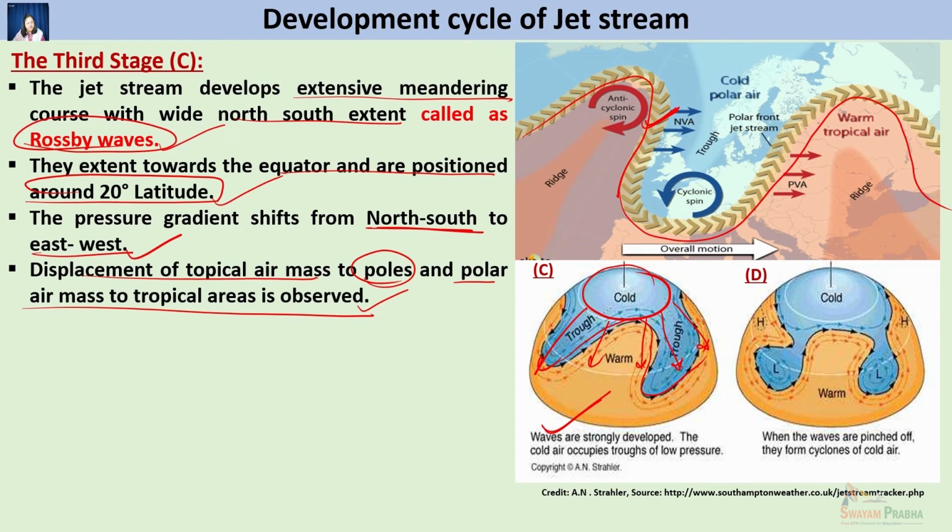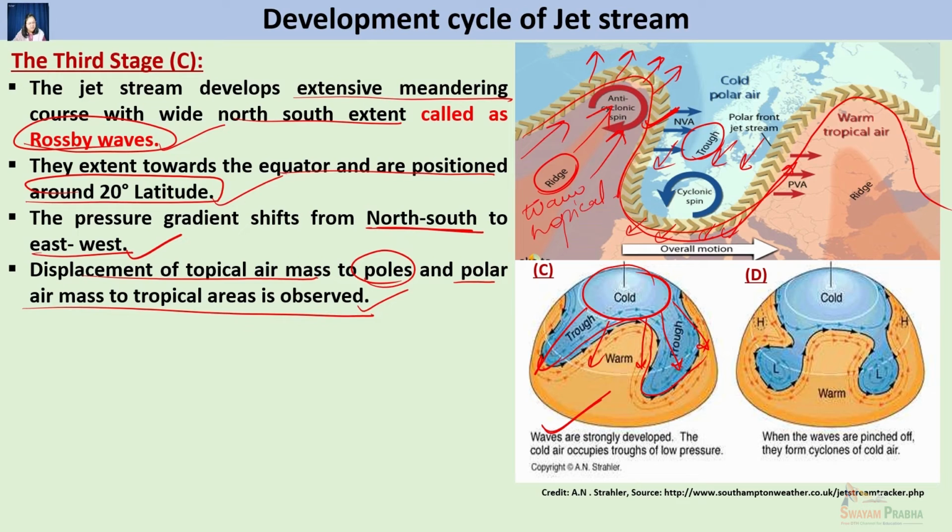Certain areas may experience ridges, from where the warm tropical air pushes towards the colder regions, and besides ridges, you have troughs in the path of jet streams also, wherein the cold polar air mass pushes the cold air mass towards the equator.